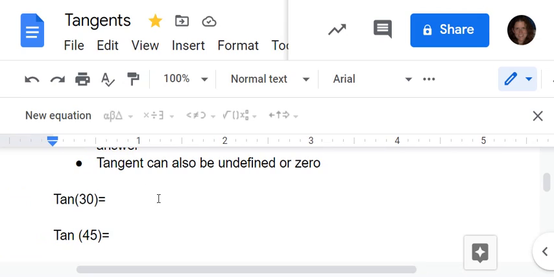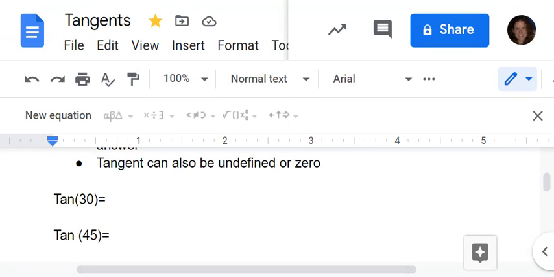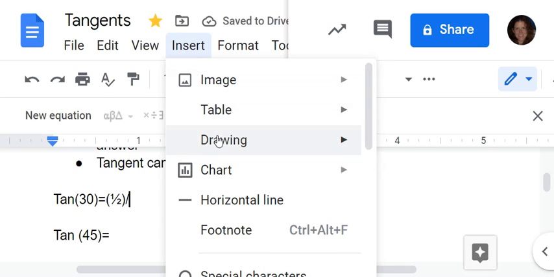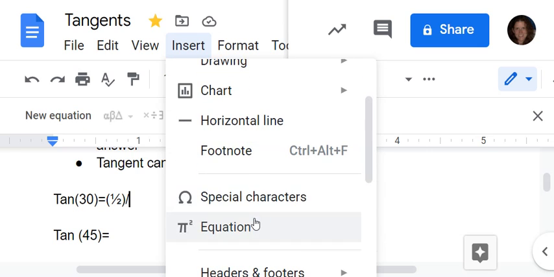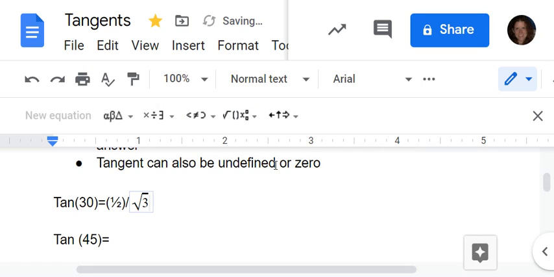So we're going to find the tangent of 30. Now remember, it's going to be y over x. So we go to 30, and my y is 1/2, and my x is square root 3 over 2. So we're going to go 1 divided by 2, all of that divided by square root 3 over 2.